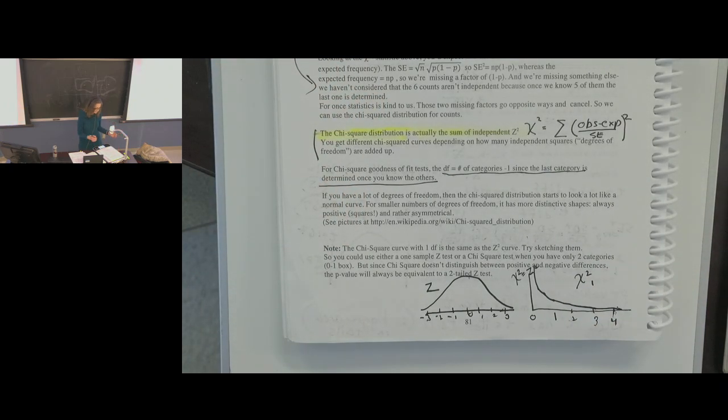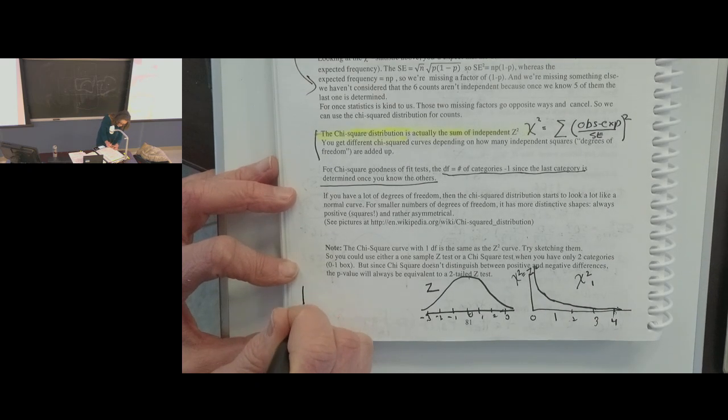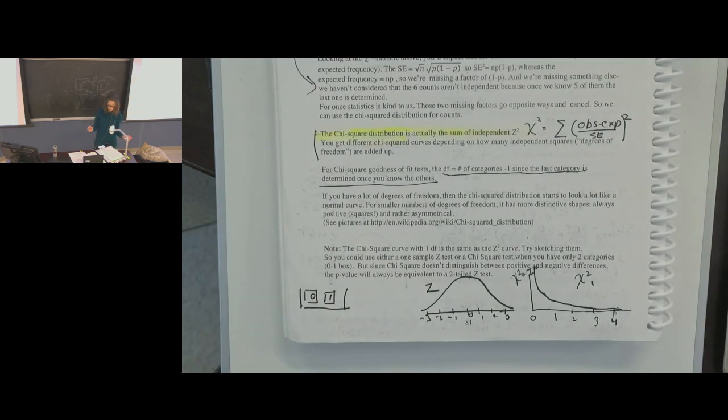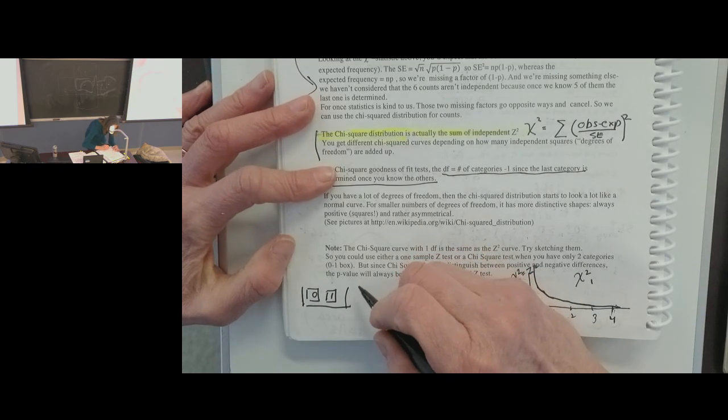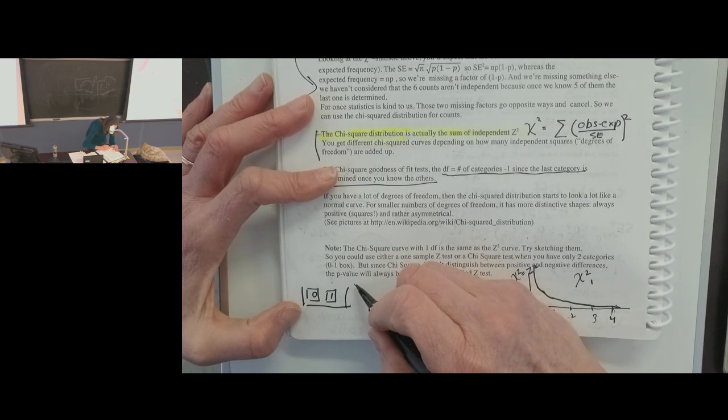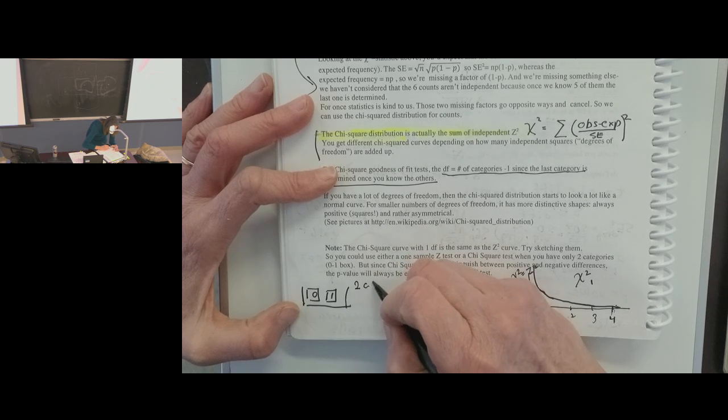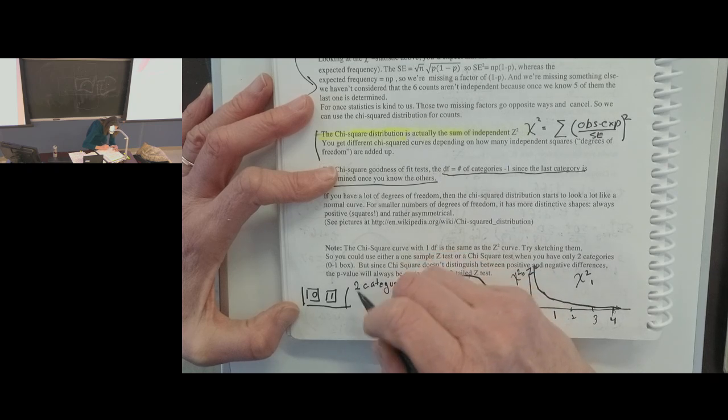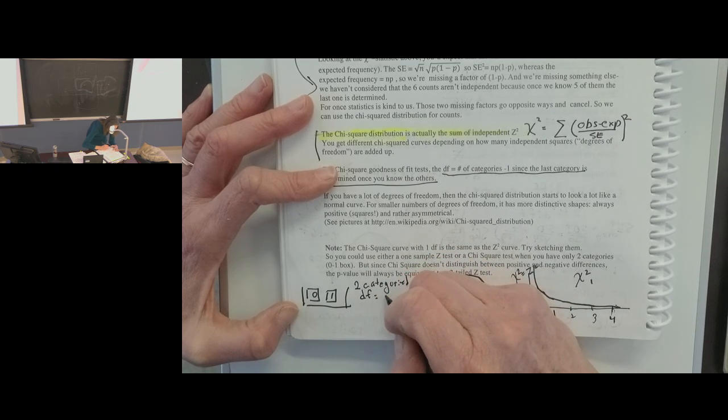And when you have a 0, 1 box, you have 2 categories. You can do, as we usually do, a z-test. This is the same thing, as you have 2 categories, so your degrees of freedom is going to equal 1.